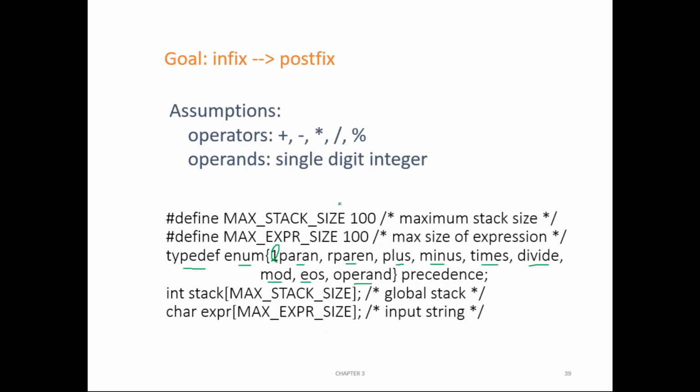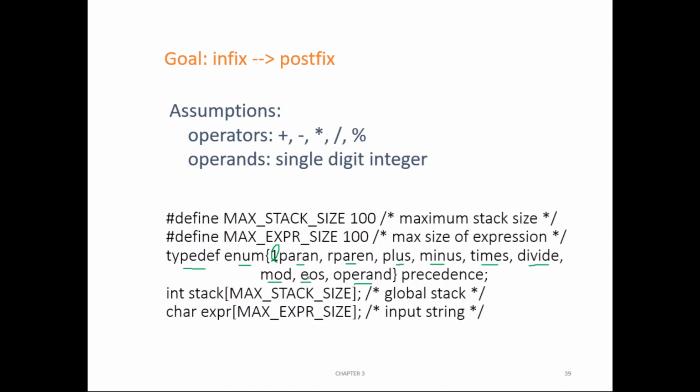We decided that our expression will have only these operators: plus, minus, multiplication, division, and modulo. And finally the expression should end with a null character. That is what end of string is.